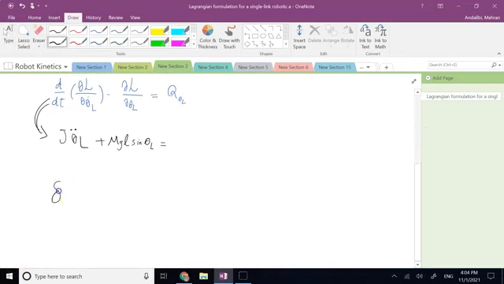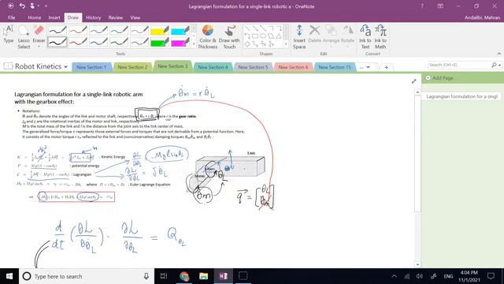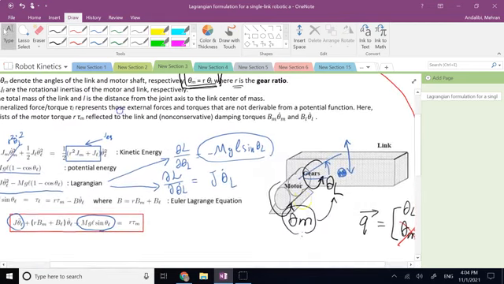So the virtual work delta W in the system is equal to what? If you look at the real physical system, there is a torque generated at the motor, which here is shown by tau m. So tau m here is the torque generated on the motor shaft due to the applied voltage and electric current.